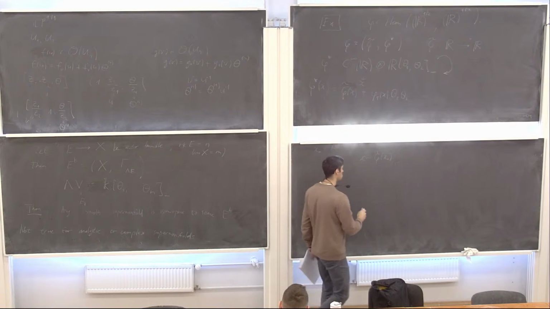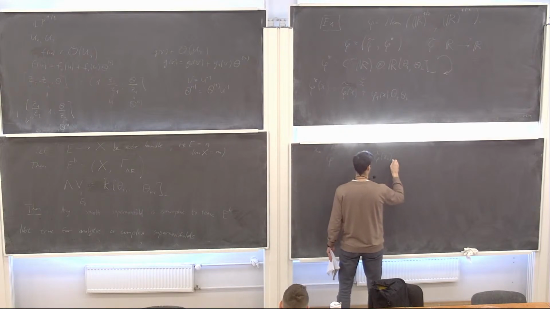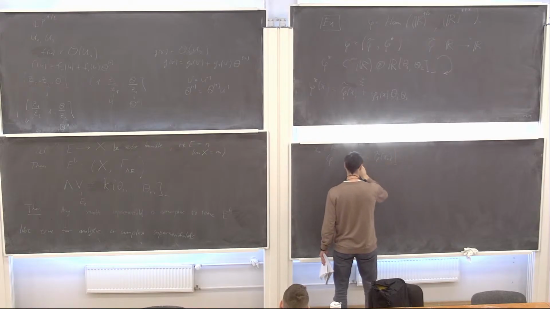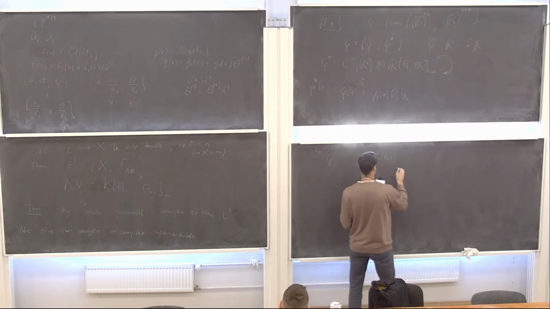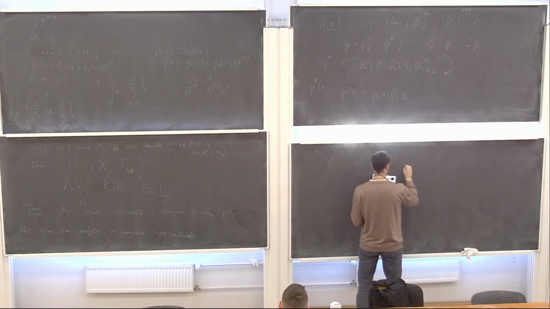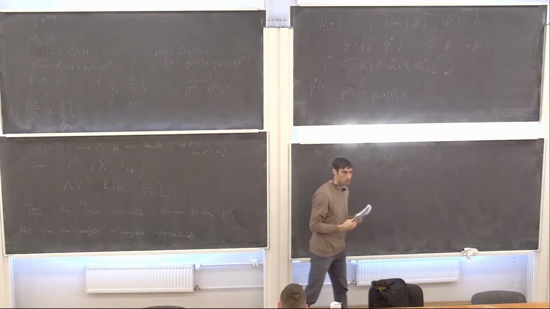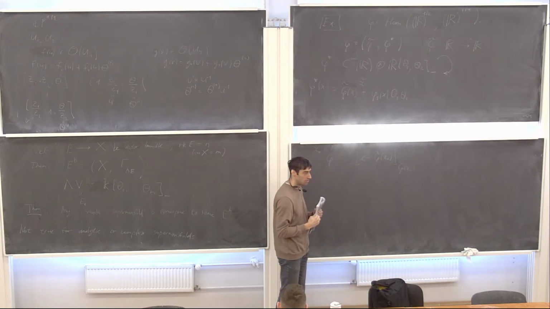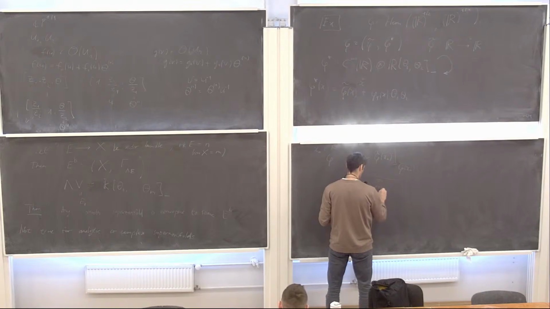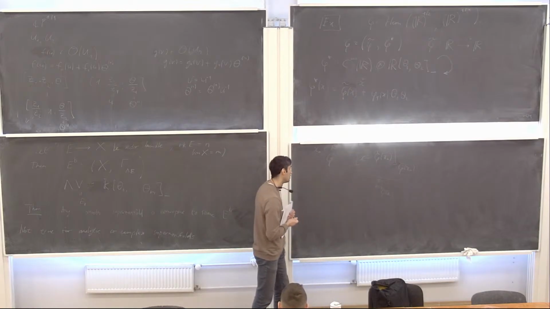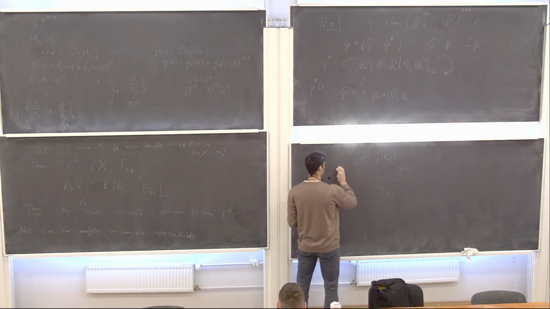And let me look at it at the stalk, at phi tilde of x0. Then this guy is of course inside M of phi tilde of x0, right? And let me apply phi star to it.